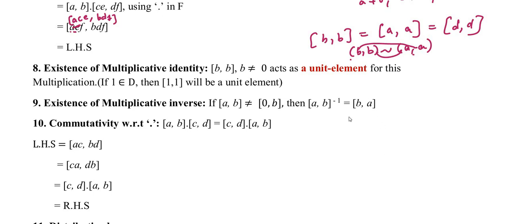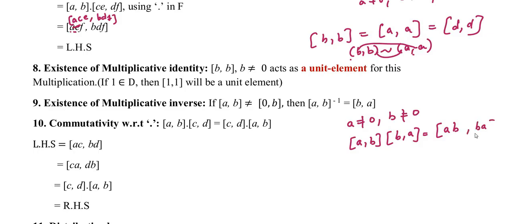See, when you have this not equal to this, which means your A is non-zero as well as B is non-zero. So when you consider AB into BA, the equivalence class, what you get is AB, BA. But that is the same as ABAB. And just now we said that A and B are non-zero, and therefore AB non-zero.